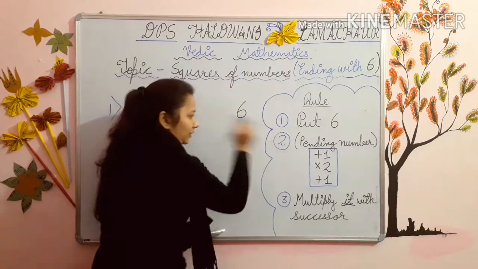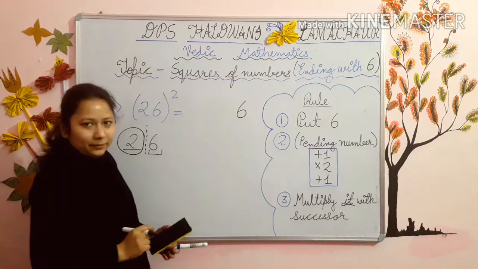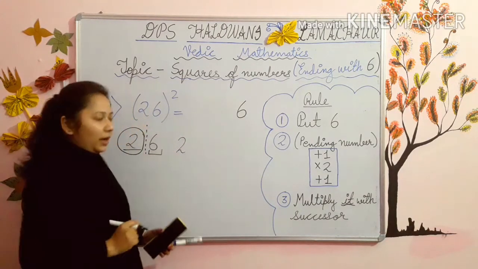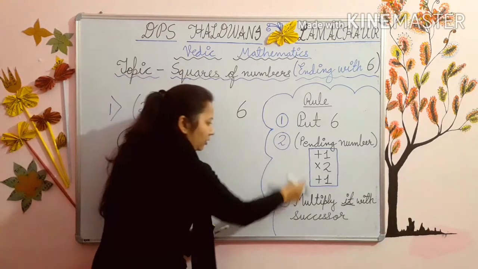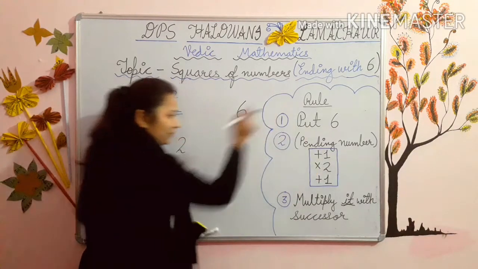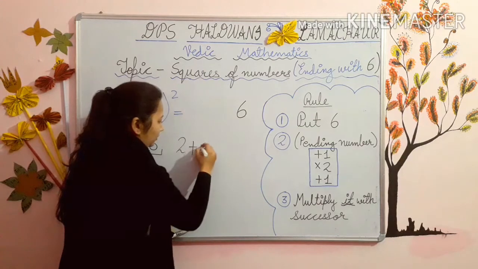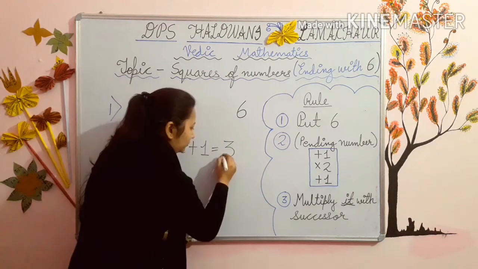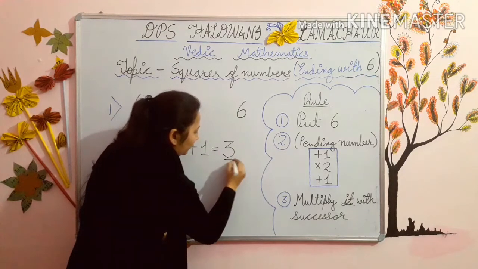Now the second rule. Your pending number is 2. Now you have to do all these calculations with this number. First of all add 1. 2 plus 1, 3.